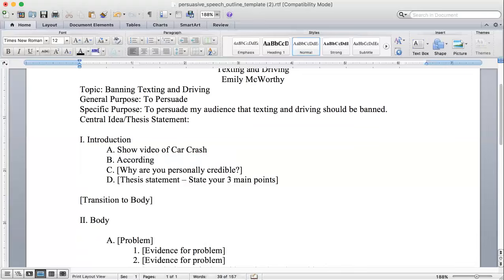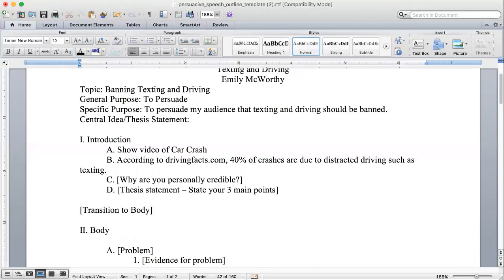According to drivingfacts.com, I'm sure a very credible website, 40% of crashes are due to distracted driving, such as texting.